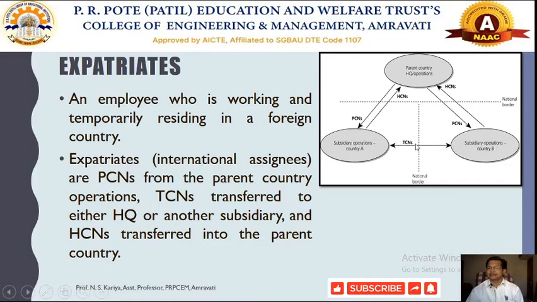Then it should be called TCN, third country national. For any reason, if an employee is transferred from country B to country A, it should also be called TCN. In this way we are going to manage these international employees.